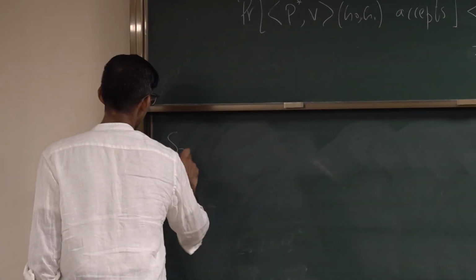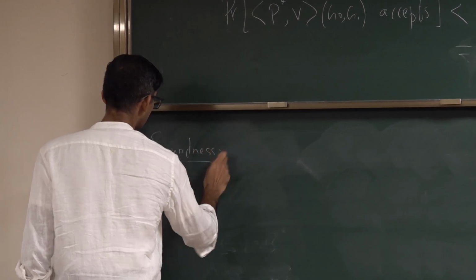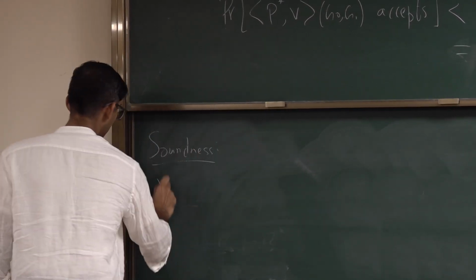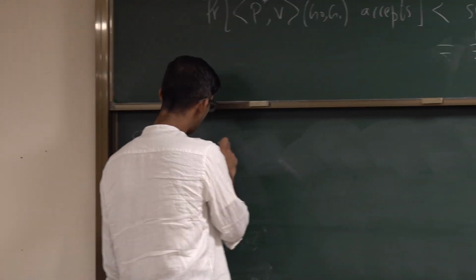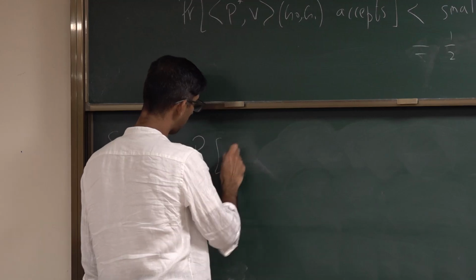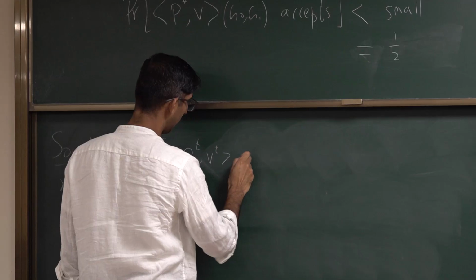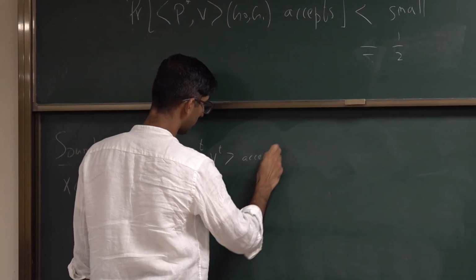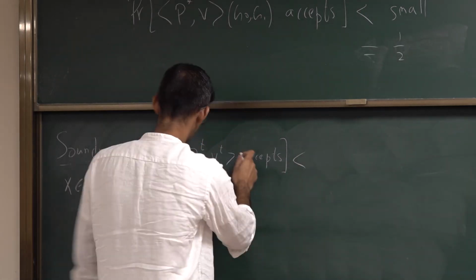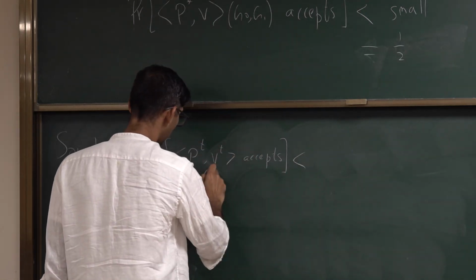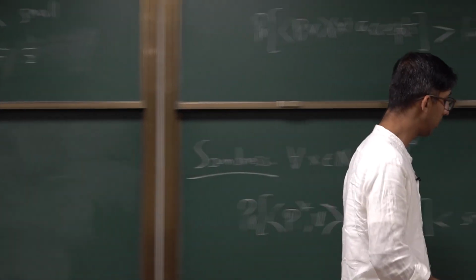Yes, so here it takes some instance that is a no instance, and now I want to understand the probability, and I want to upper bound this probability. Okay, it takes x as input. I keep forgetting to write that. It takes x as input, and I want to upper bound the probability it accepts.